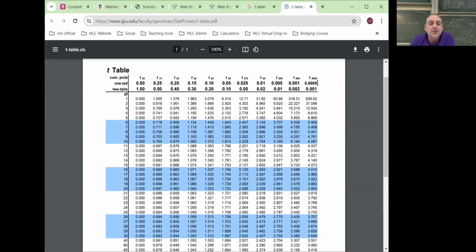So it doesn't matter that it's a minus 3.36, it just matters how big the number is for the purposes of a two-tailed test. I'm just going to put it on the notes here: interpretation things.